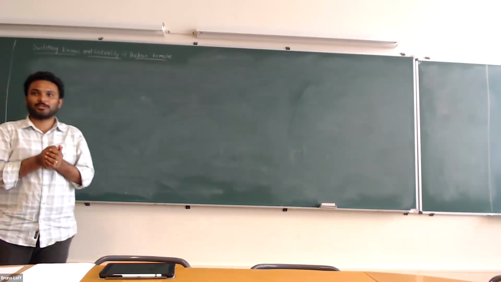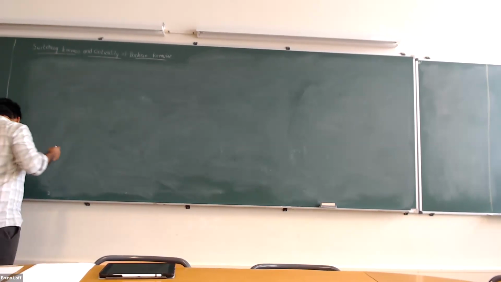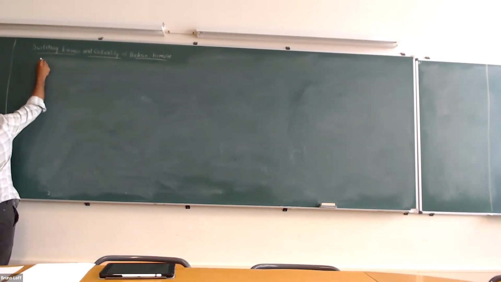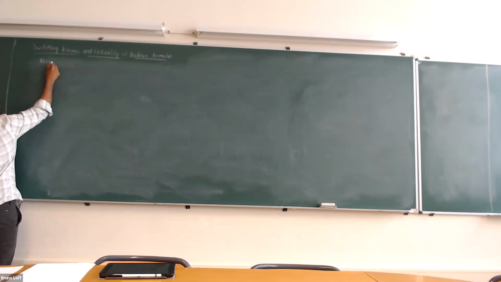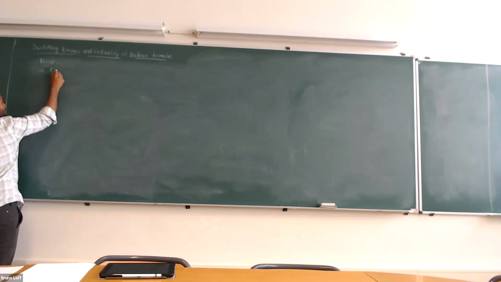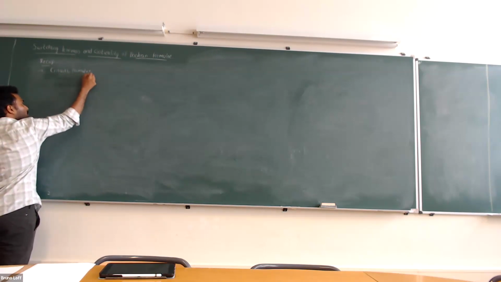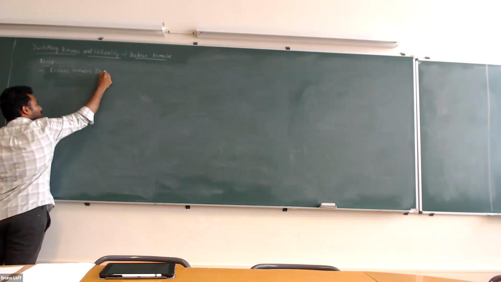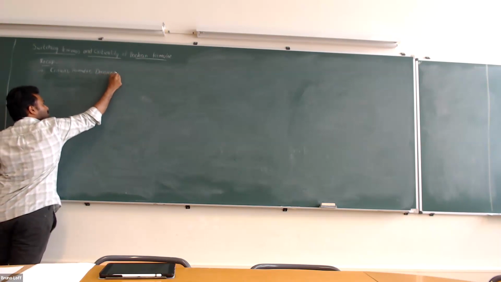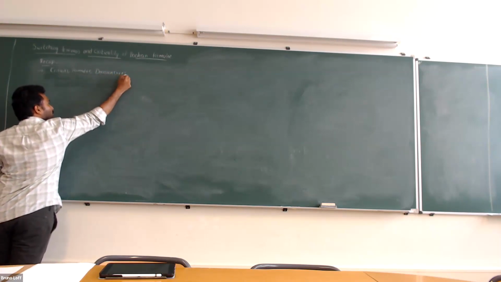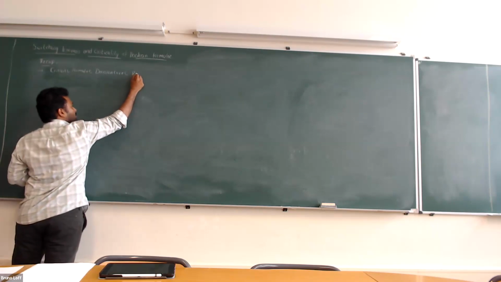Okay, thanks. So let me start with a recap of what we explained last time. Last time we saw the objects, which are circuits, and random restrictions.